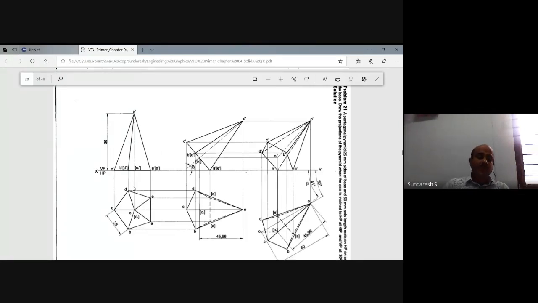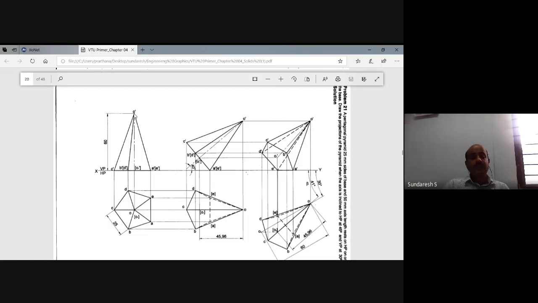Once you complete the top view, you can project it for the front view. How do you do this? Same thing. Project from each point. You can draw the vertical projectors from the XY line. At the axis point O1, the axis length will be given as 50 millimeters or 60 millimeters.